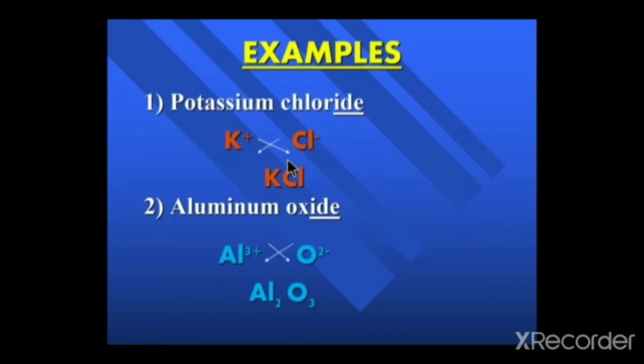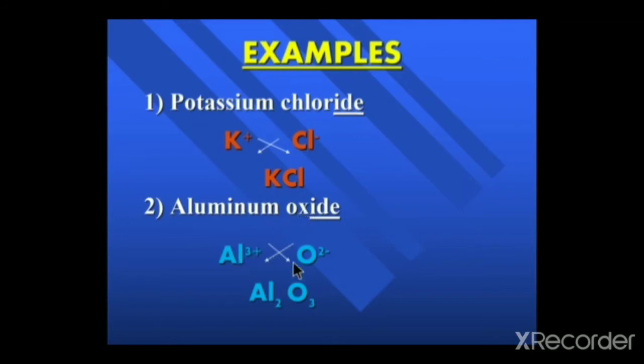Thirdly, valencies or the charges are crisscrossed and they are written at the bottom of the symbols. Here you can see both the charges are 1, so there is no need to write at the bottom of the ion. So the formula becomes KCl.